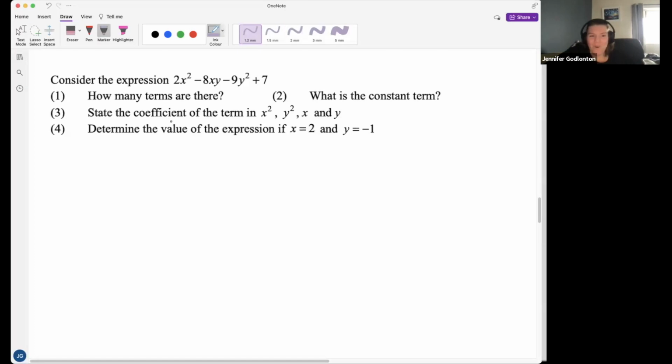Okay, there are 4 questions here. The first one is how many terms are there? Second is what is the constant term? Third is state the coefficient of the term in x squared, y squared, x and y. And then 4, I'm going to make this one a little bit trickier because I think you guys are too smart.